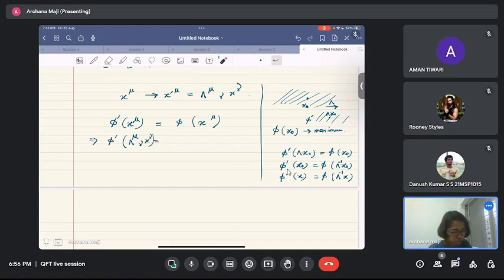What I said, is this clear? What I'm trying to say here? For the transformation to be a symmetry, this condition has to be the case. Let me know if this was not clear.